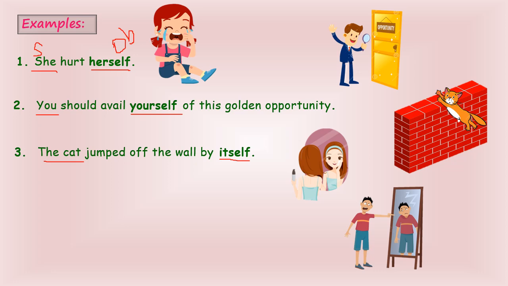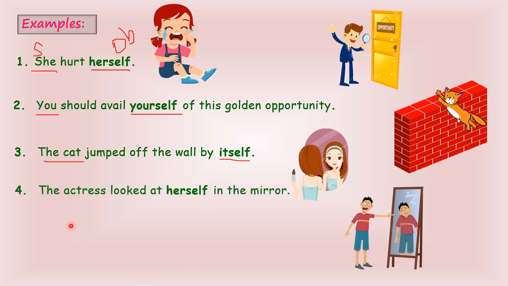Yes children, so it is a reflexive pronoun. If you remove this reflexive pronoun and read without it, the cat jumped off the wall by what? You are not getting an answer. Yes, it is incomplete meaning. So if you add by itself, it makes a complete meaning. So this is a reflexive pronoun, children.